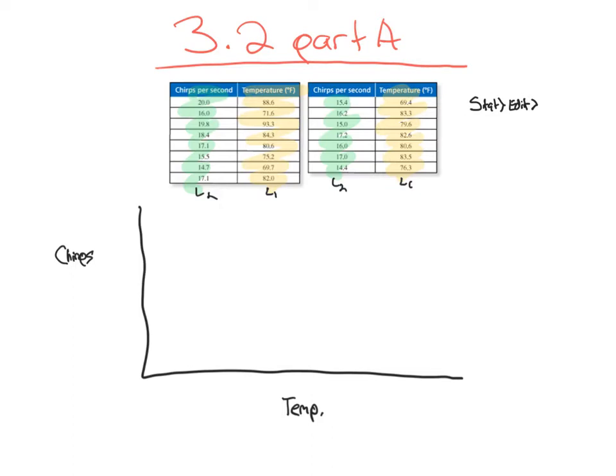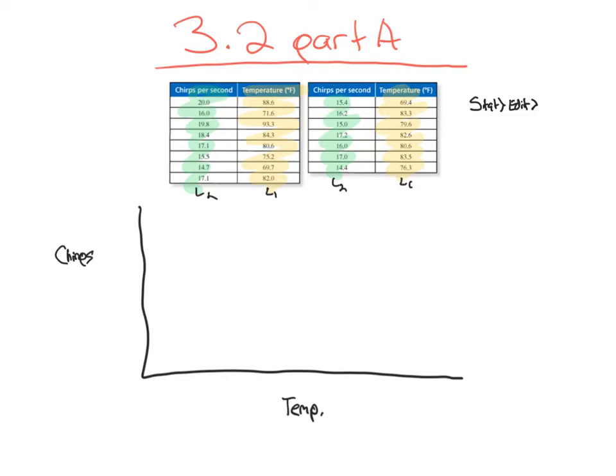So I'm going to put 88.6 as the first data point in L1, 71.6, 93.3, and so on. So you get the idea. I'm going to put all those in there. Okay, so now I've put the 15 points into the temperature L1.